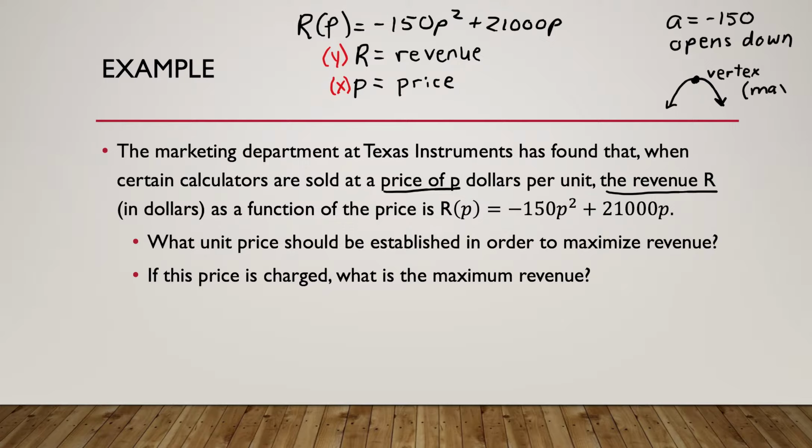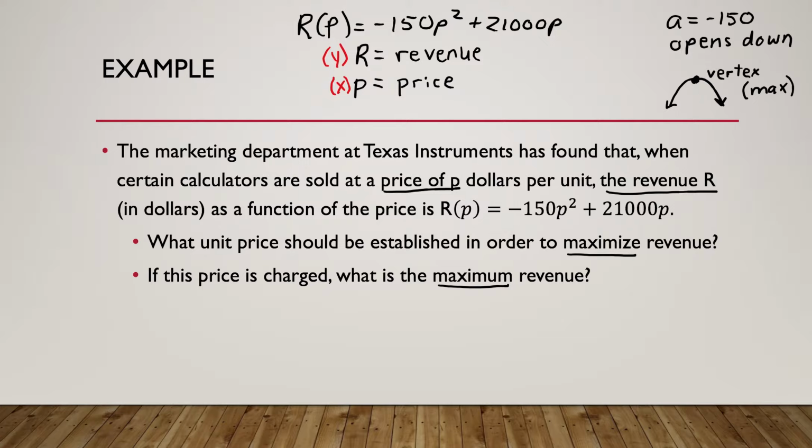It is the top point on the graph. So when it starts asking us in these questions to maximize the revenue, it is asking us to find this maximum point on the parabola. So how do we do that? How do we find a vertex point?